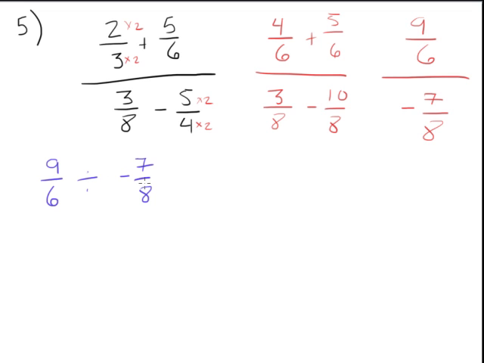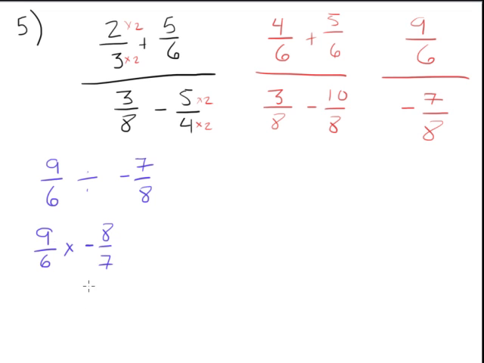So dividing a fraction is the same as multiplying its reciprocal. So I'm going to flip this fraction, and I'm going to change this to a multiplication. So I'm going to have here 9 over 6 times, keep my negative, 8 over 7.